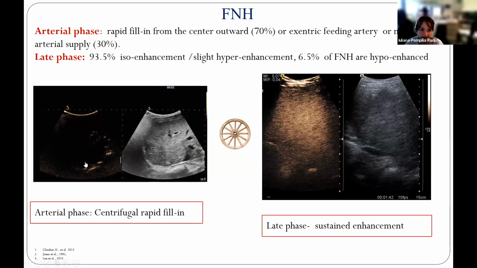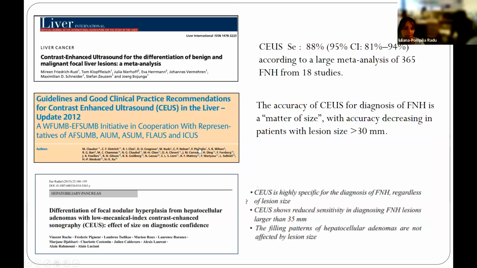And in the late phase, 93% of them are iso-enhanced, but we can have also in 6.5% of them a slight hypo-enhancement. And as I told you, the malignant lesions are doing a washout. So here comes the main differential diagnosis with the malignant lesions. But however, this filling from the center to outside helps us to put the diagnosis of FNH.